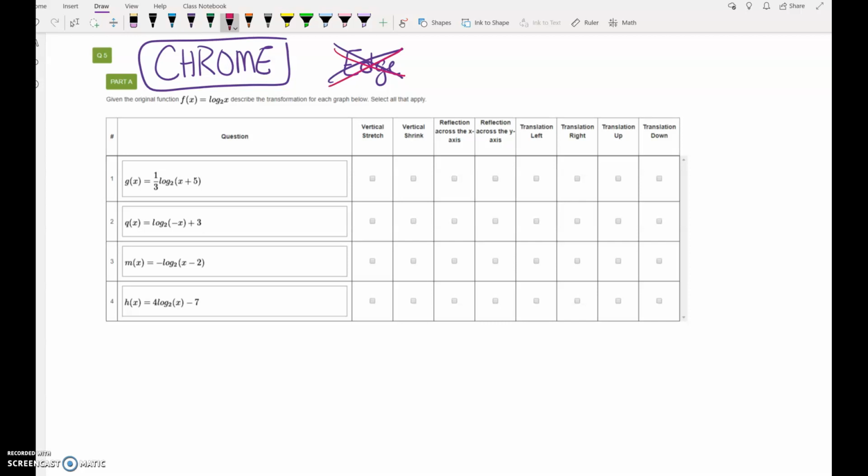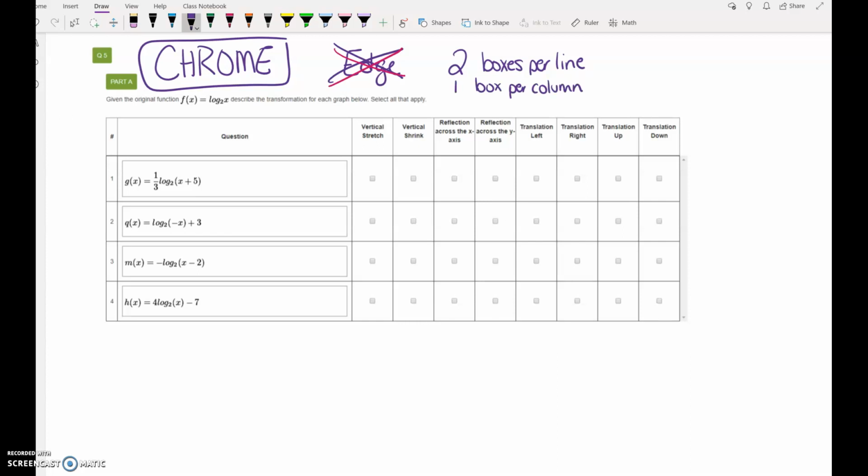It doesn't allow you to click multiple boxes in each row, and that's problematic because you need to click multiple boxes. The hint that I want to give you is that there are going to be 2 boxes per line, and there's going to be 1 box per column.